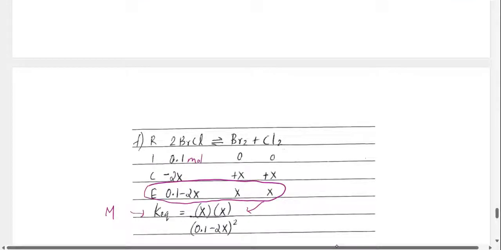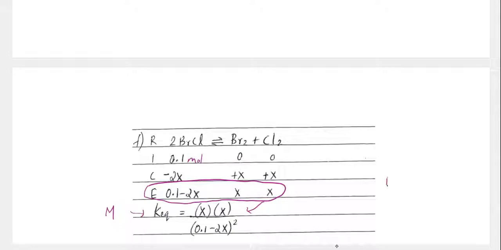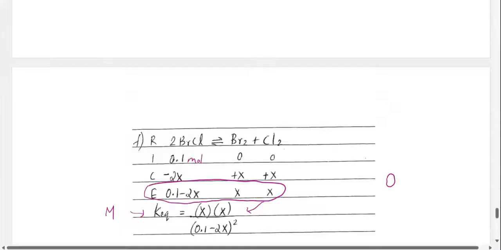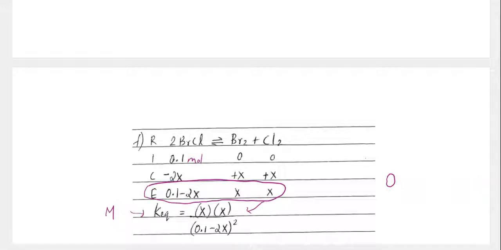I think I'm going to score it as a 0, because if I look here at the answer key, obviously they did not calculate the value of K. And they also did not really calculate the stoichiometric values at equilibrium, even though they set up the ice table. And then you throw in the fact that they're using moles in this ice table, which is not quite correct.